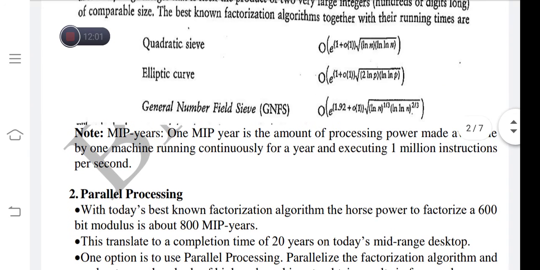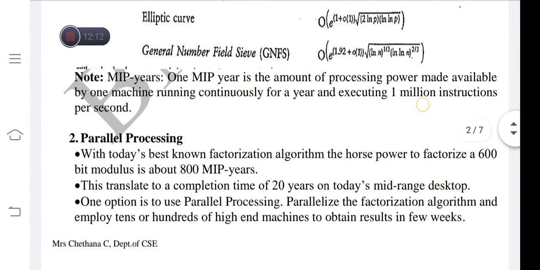Now let us see the parallel processing method used in modulus factorization, another technique. With available factorization algorithms, the horsepower to factorize a 600 bit modulus is about 800 MIP years. That is the time required to factorize the 600 bit modulus value.